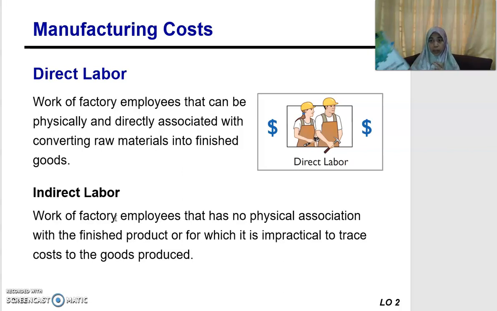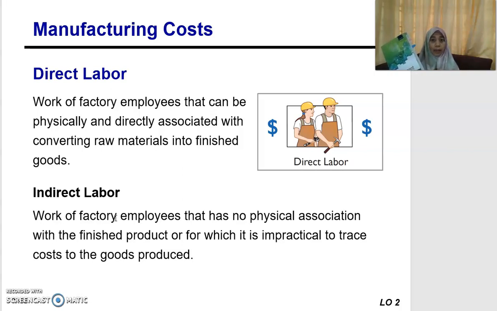For example, in the production of a book, you have production line workers who are involved directly in producing this particular book. The wages or salaries that you pay to those workers are your direct labor.